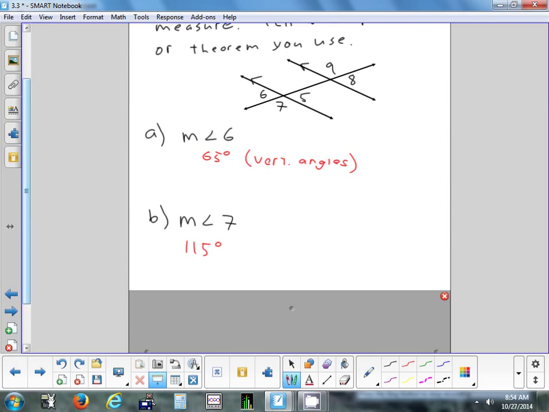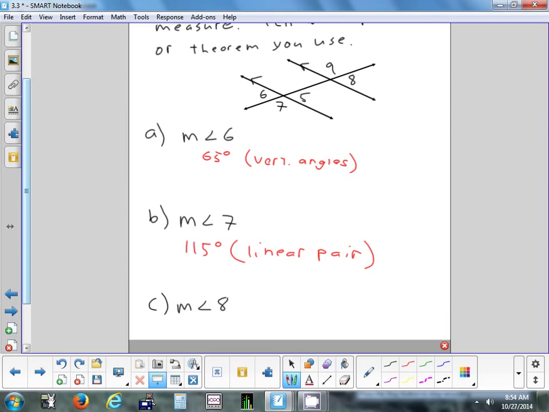Yeah, so you have a linear pair between 6 and 7, so we know that they are supplementary. So you've got to find an angle that's the supplement to 65, which would be 115. So you're using the idea of a linear pair. You could also say the same thing with 5 and 7.